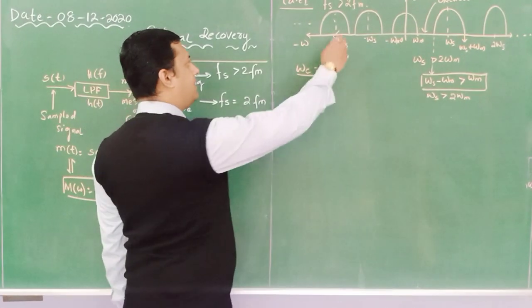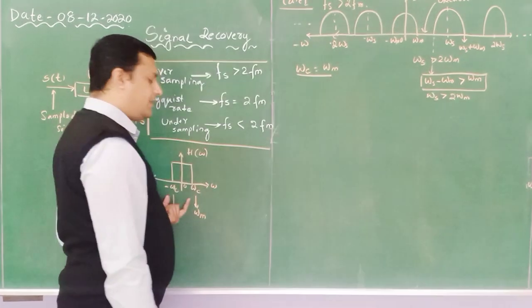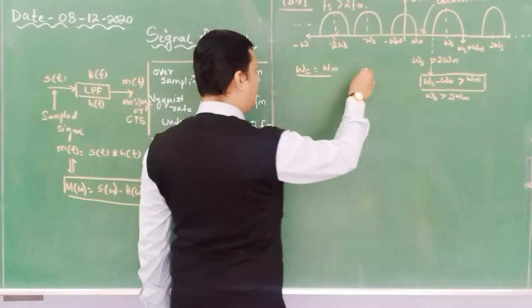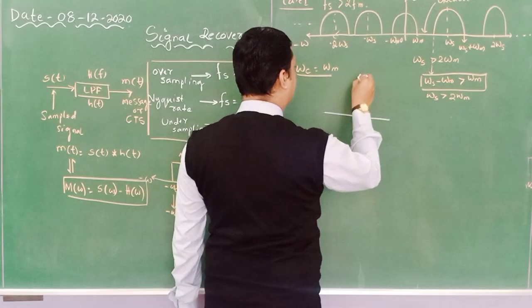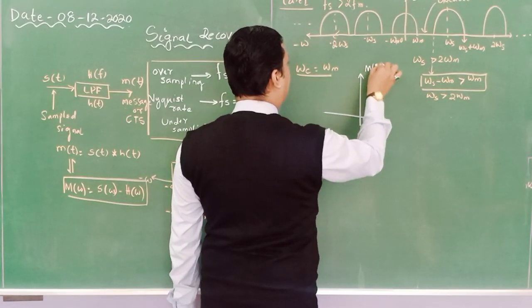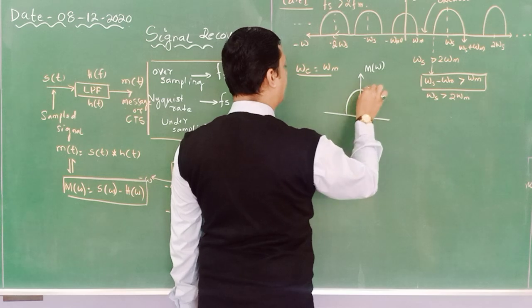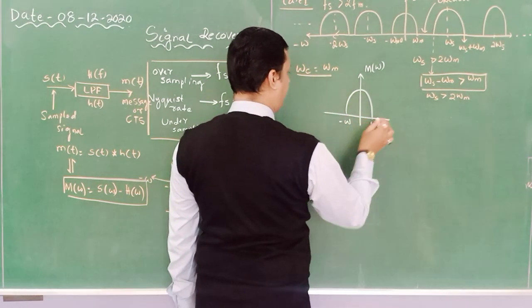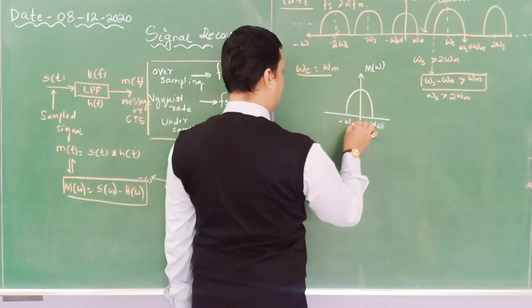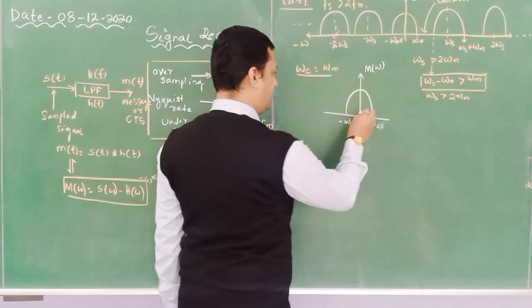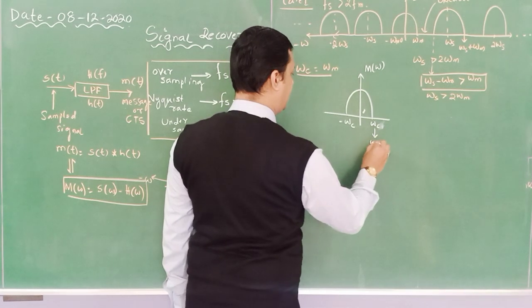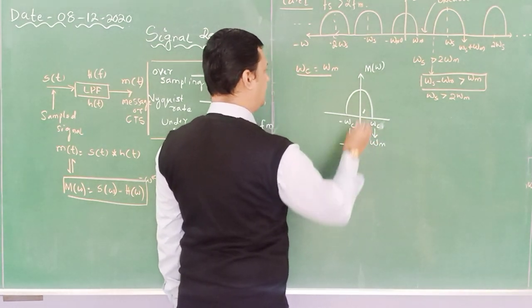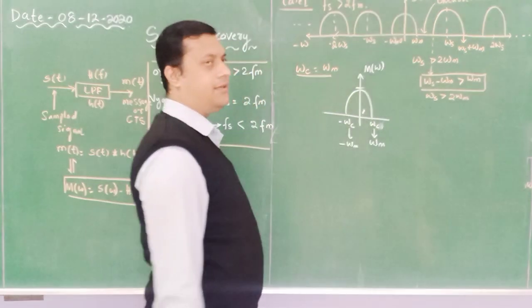So when the sample passes through this filter, my output response looks like this. The output is M(omega), with omega m and minus omega m, having a certain amplitude.